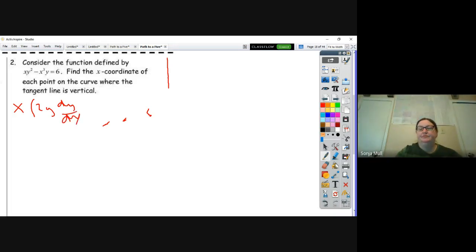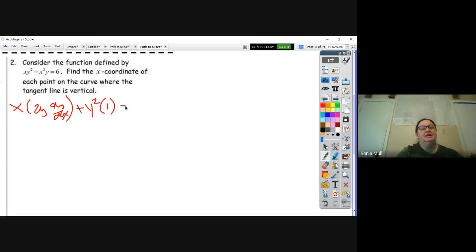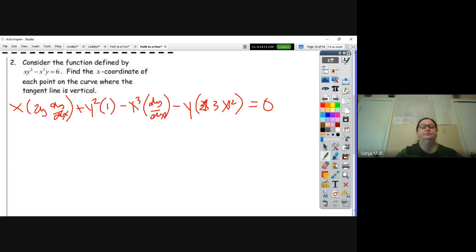So x times 2y dy dx, plus the second, y squared, times the derivative of x, which is 1, and then minus x cubed times the derivative of y, which is dy dx, and then minus y times the derivative of x cubed, which is 3x squared. And then the derivative of 6 is 0.